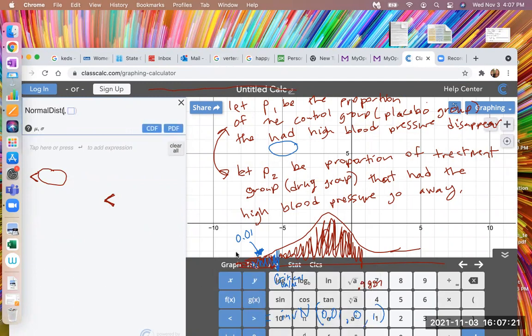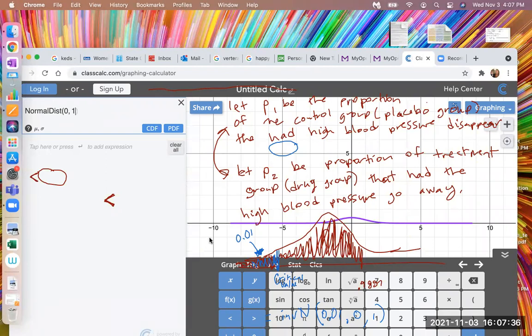And then I do 0 and 1 because that's the Z distribution. The mean is 0, the standard deviation is 1. That's just because the sampling distribution of the population proportion is a Z distribution.